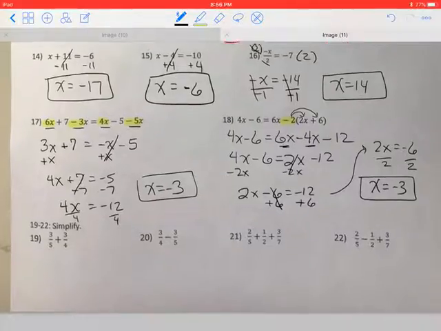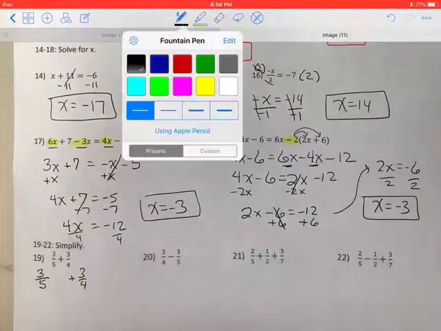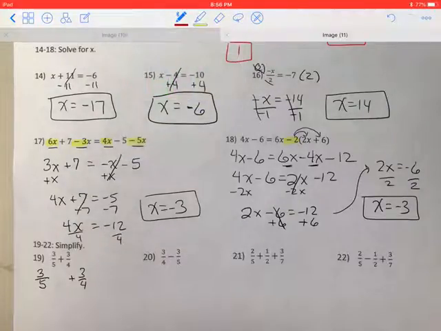All right, so our last 4 problems are going to be our fractions. So remember, for adding and subtracting fractions, I do need a common denominator. So I'm going to leave myself a little space here. So for this first problem, I'm thinking about 5 times 4, which would give me 20. So my common denominator will be 20. To get a 20 from 5, I need to multiply by 4.